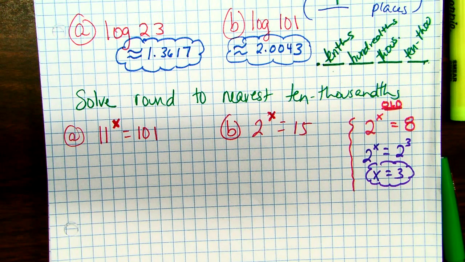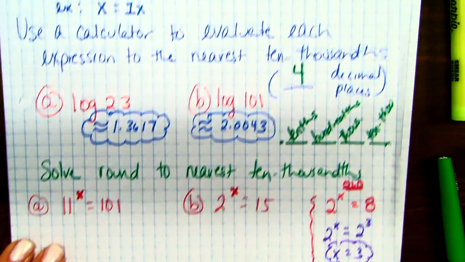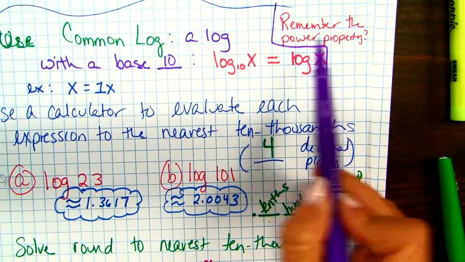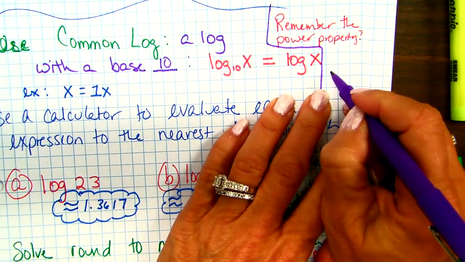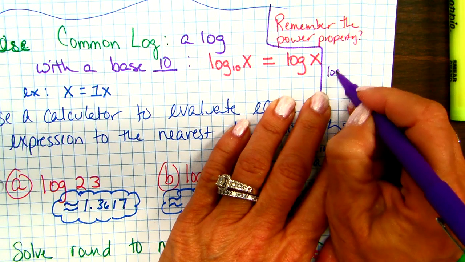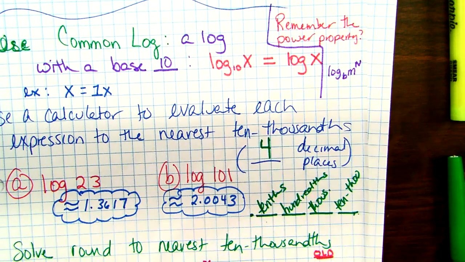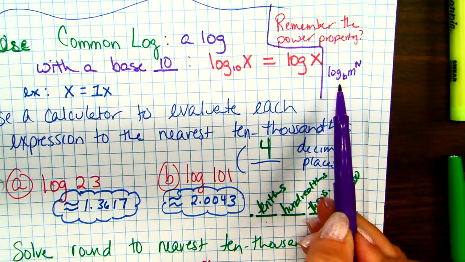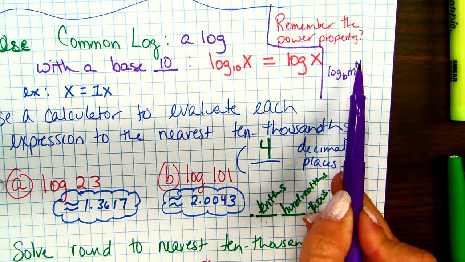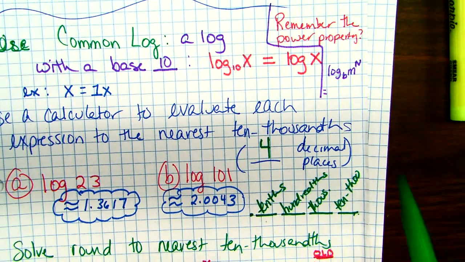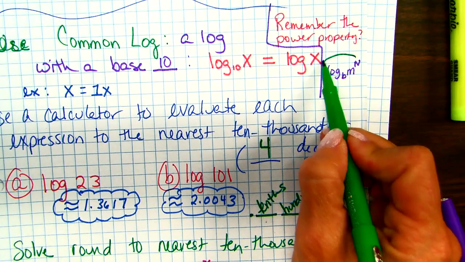We are going to use something called the power property. I wrote it up there, I just forgot to fill it in. Right here. Remember the power property, guys? The power property said if you have a log that has a power, so that's log base b of m to the n, so the power is n, you can rewrite it with the n going to the front.